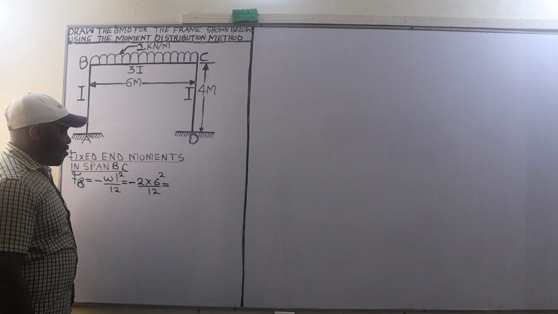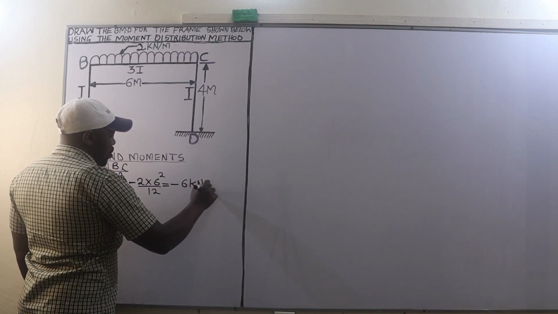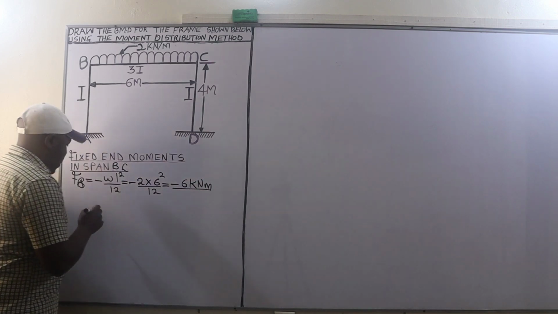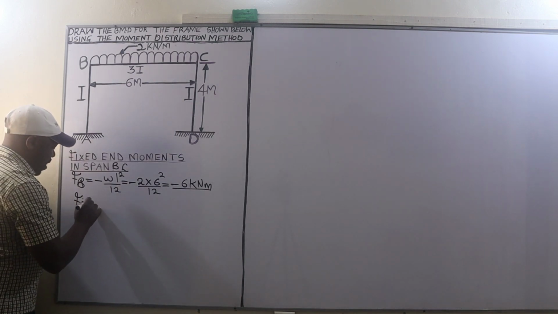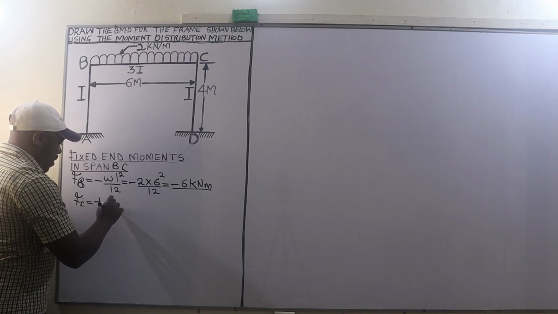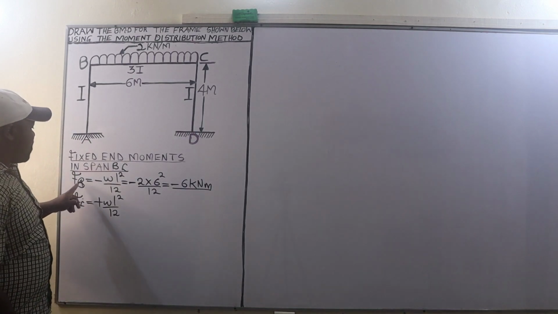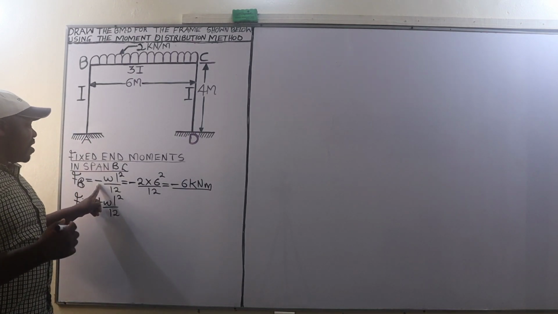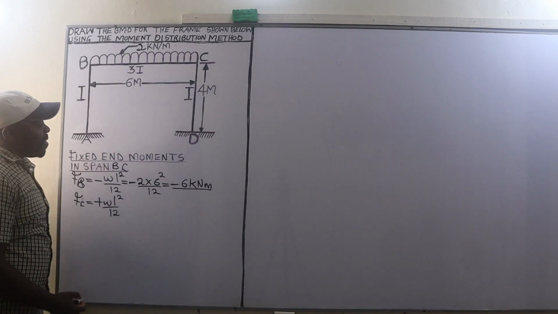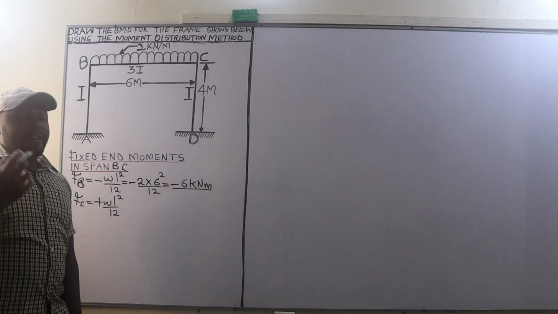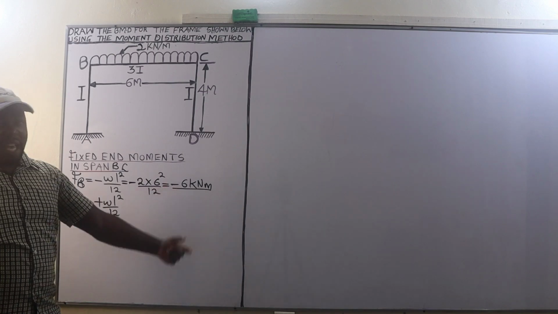And when we do so, we are going to get a fixed end moment of negative 6 kilonewton meters. The fixed end moment at C will be given by positive WL squared divided by 12. In this case, the fixed end moment at B is negative because it is an anti-clockwise moment. So the moment here will be anti-clockwise, but we are going to plot the free body diagram and see how we are going to distribute these moments.